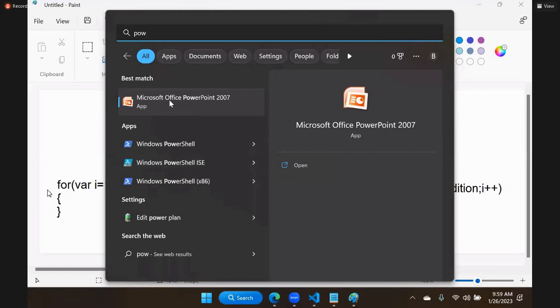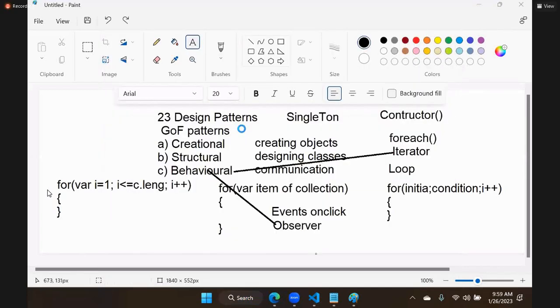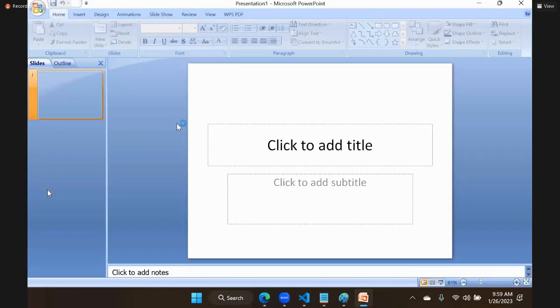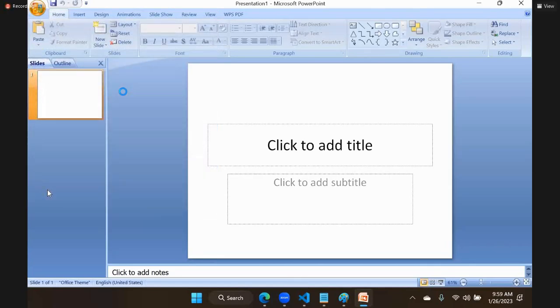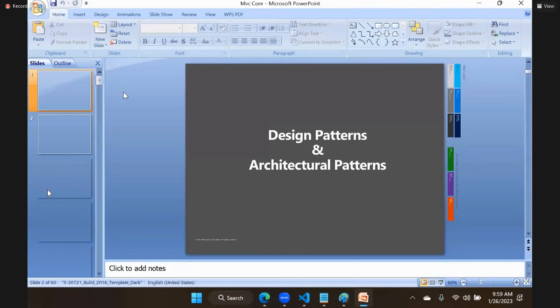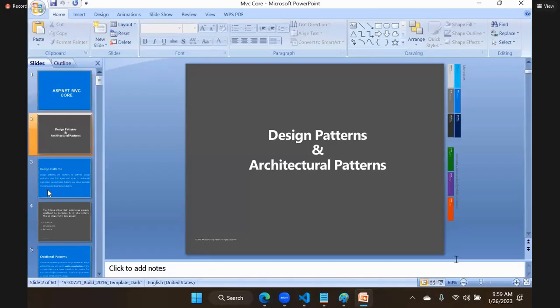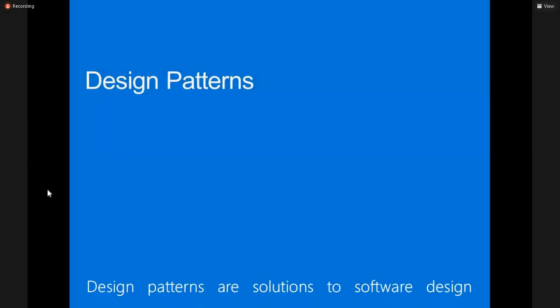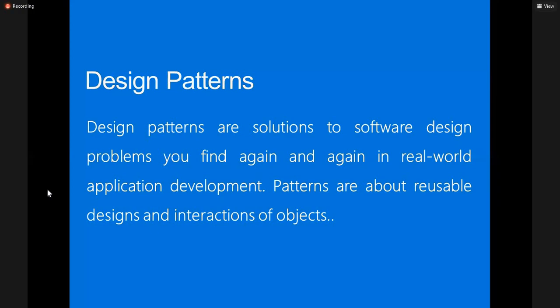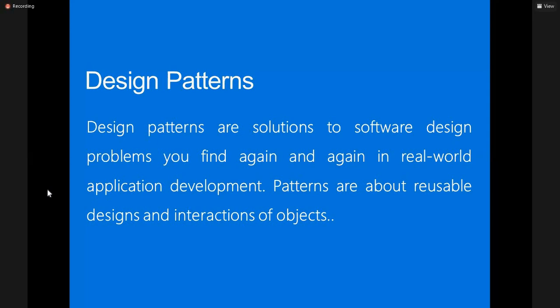There are so many software architectural patterns and design patterns, and different categories are present. So I will show you what those different patterns are. These are design patterns. Design patterns are solutions to software design problems that you will find again and again in real-world development.